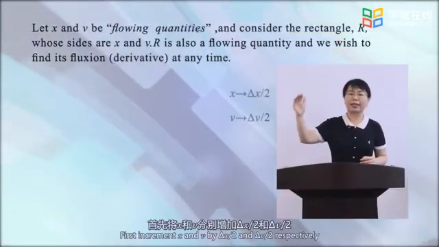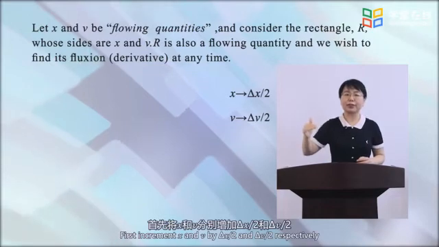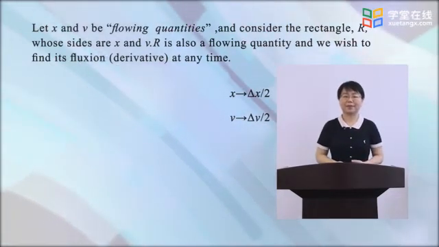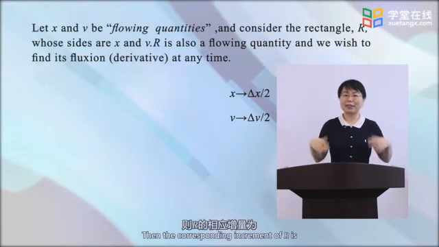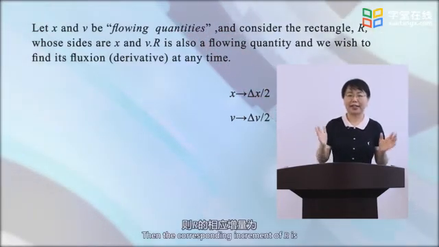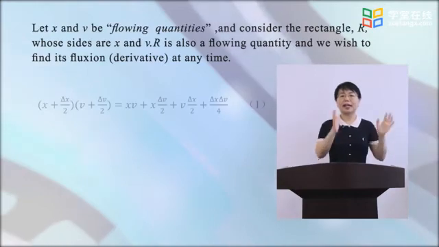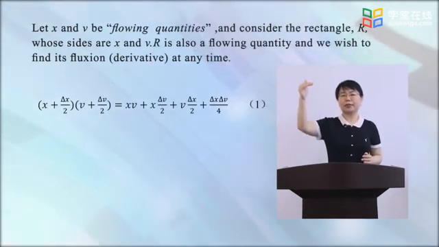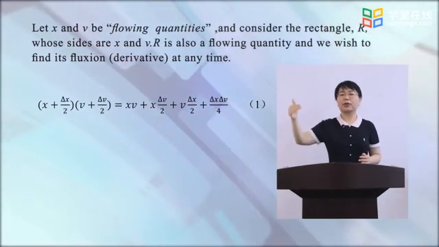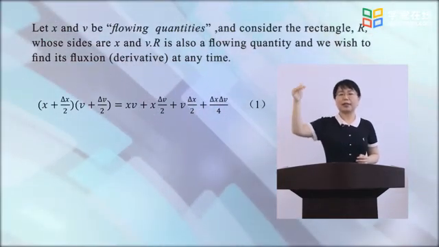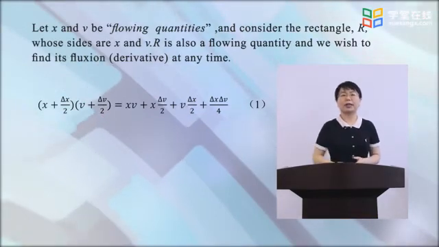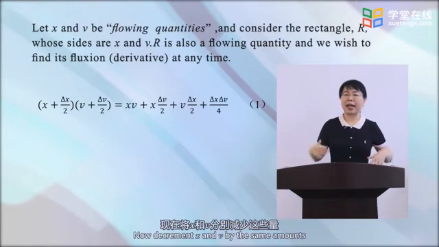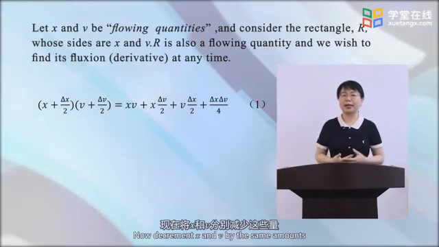First, increment x and v by delta x over 2 and delta v over 2 respectively. Then, the corresponding increment of R is x plus delta x over 2 times v plus delta v over 2, equals xv plus x delta v over 2, and so on. Now decrement x and v by the same amounts.